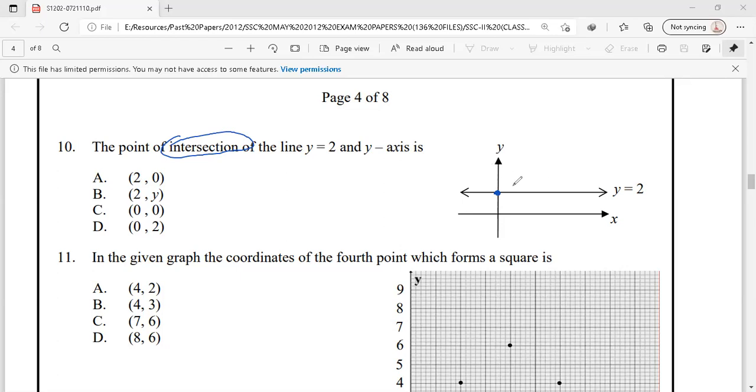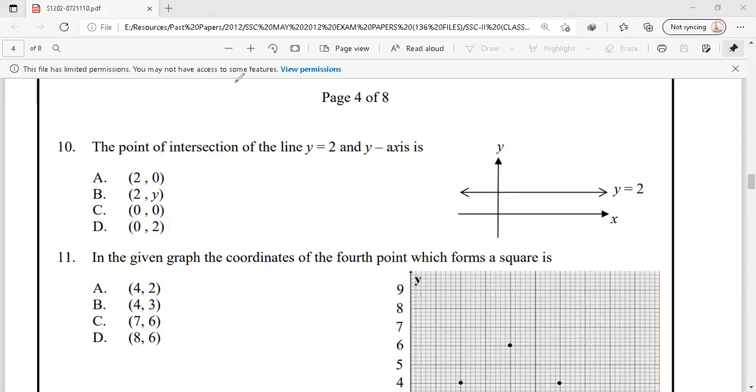We know that this line is passing through y equal to 2, and at the y axis all the values of x are 0. So the coordinate of the point of intersection will become (0, 2). So the correct answer is option D.